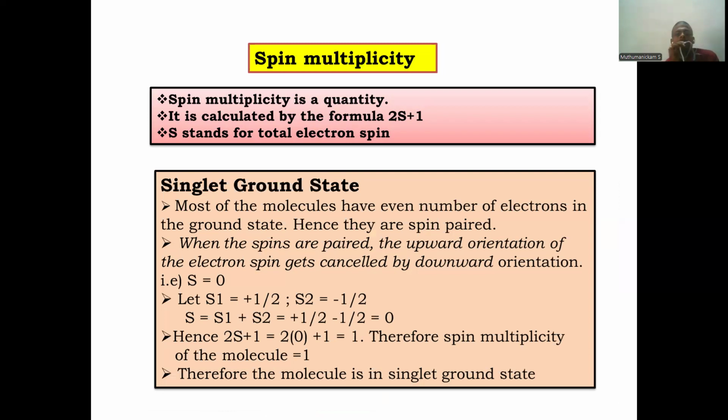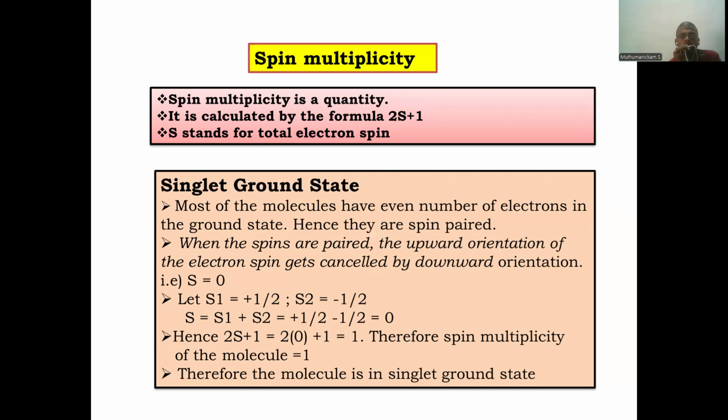Spin multiplicity is represented by the formula 2S plus 1, where S stands for the total electron spin. Based on the spin multiplicity, we can classify the electronic state as singlet ground state and triplet excited state.